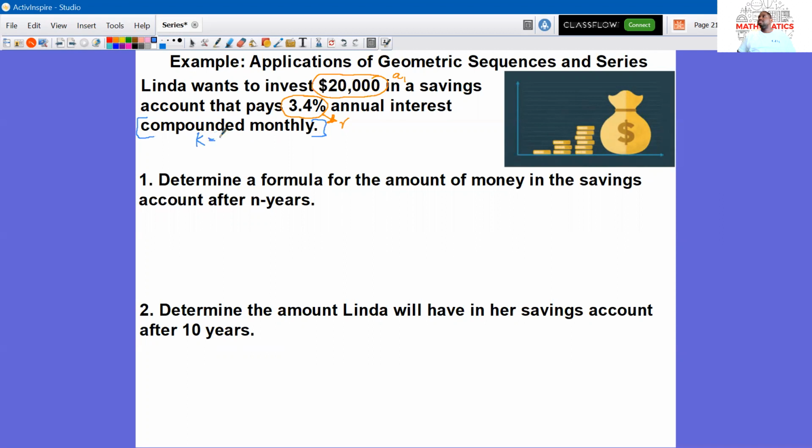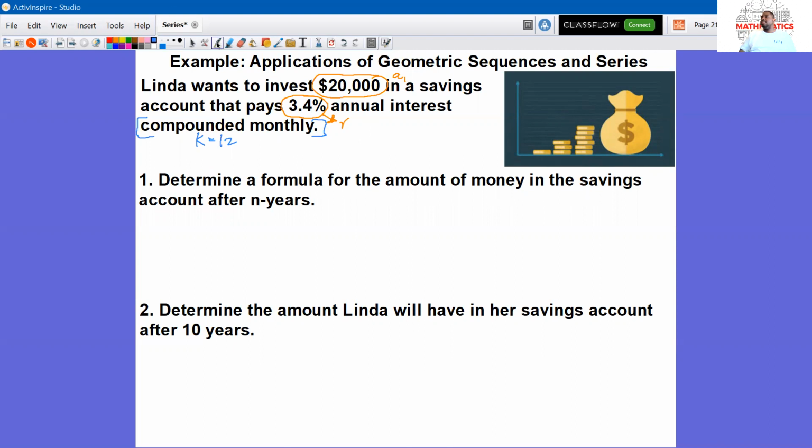So K is 12. So we get interest 12 times a year. Okay, so they're going to divide this up into over 12 months. Okay, so you should have remembered that from a unit back in Algebra 2 regarding exponential growth and decay involving compound interest.